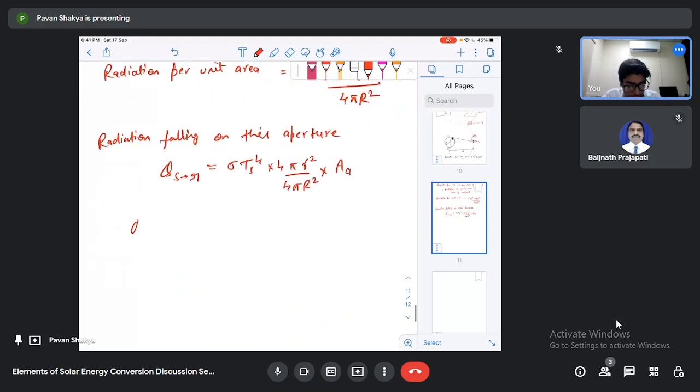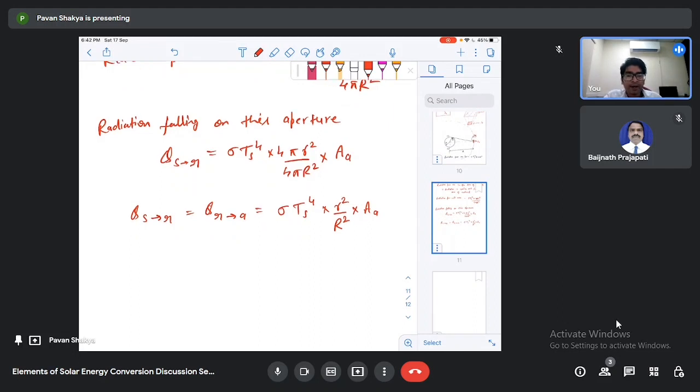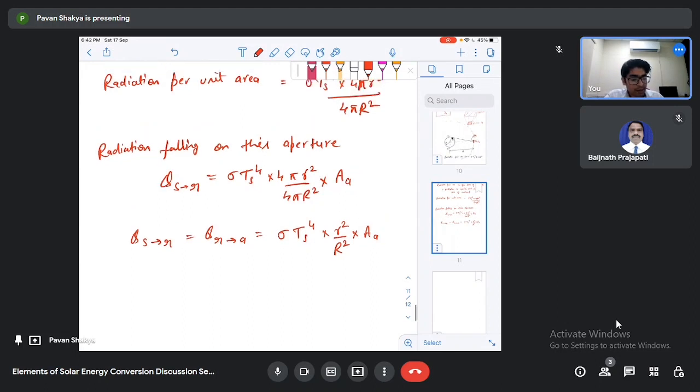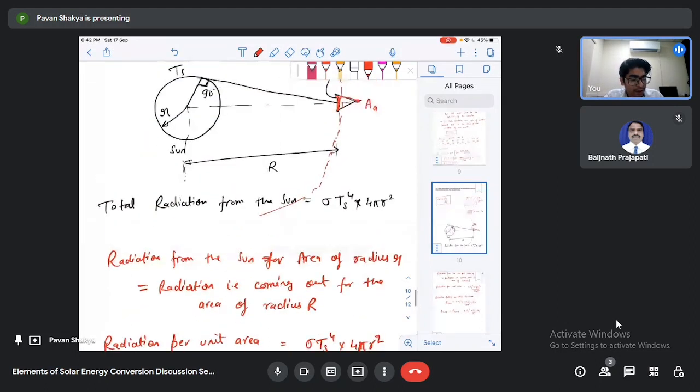So we are assuming that this Q from the sun to the receiver is equal to the Q of receiver to the aperture, and it will become equal to sigma Ts to the power 4 multiplied by small r square divided by capital R square, multiplied by the area of aperture. Now we will try to find the radiation radiating from this receiver.